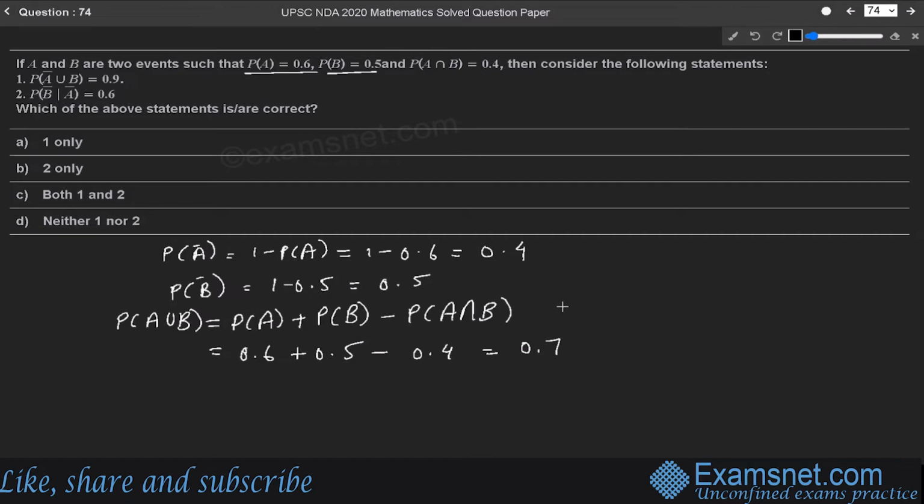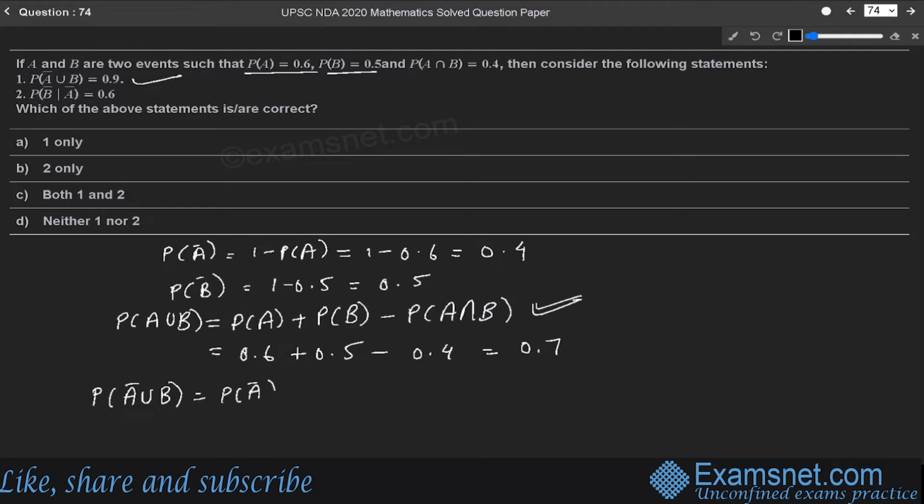Now let us see the first statement. First statement says P of A bar union B. So this is the formula in sets. Similarly, we will make the formula for P of A bar union B, meaning in the place of A there will be A bar.